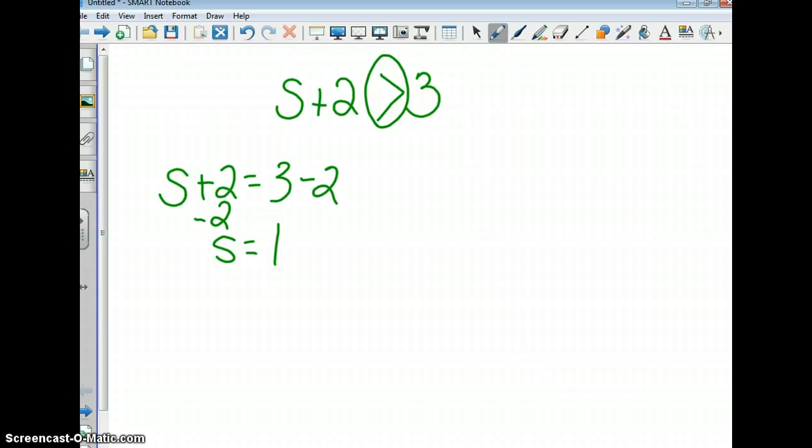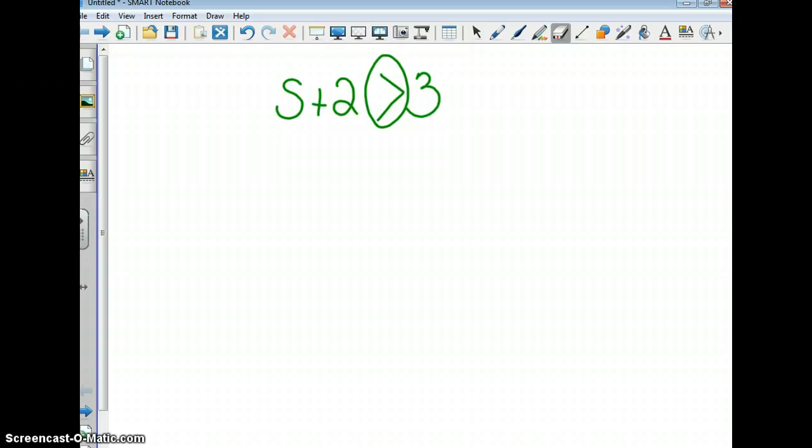Or, if you can, view this less than, greater than sign in your mind as an equal sign. You're going to solve it the same way you did the problems in lesson 1 and lesson 2, where you were doing the inverse operation.